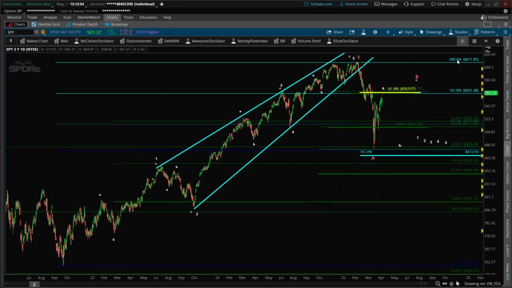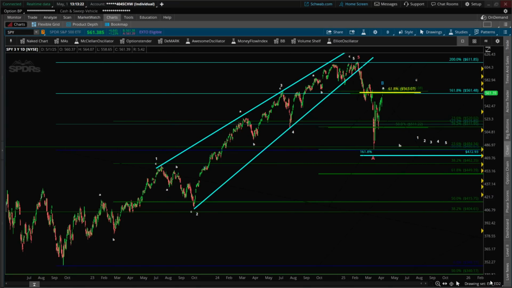This is an ABC. This B wave could be done, and we continue our descent lower. And this is a possible A into B or a 1, 2. It's the same setup. So 1, 2, 3, 4, 5, or A, B, and then a 5-wave move down for C.